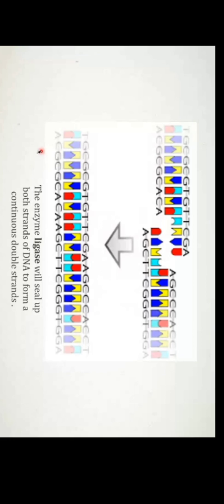Okay, and lastly, the enzyme ligase will seal up both strands of DNA to form a continuous strand. So it is like the ligase aids in forming the hydrogen bond between the two N bases, like for example adenine and thymine.